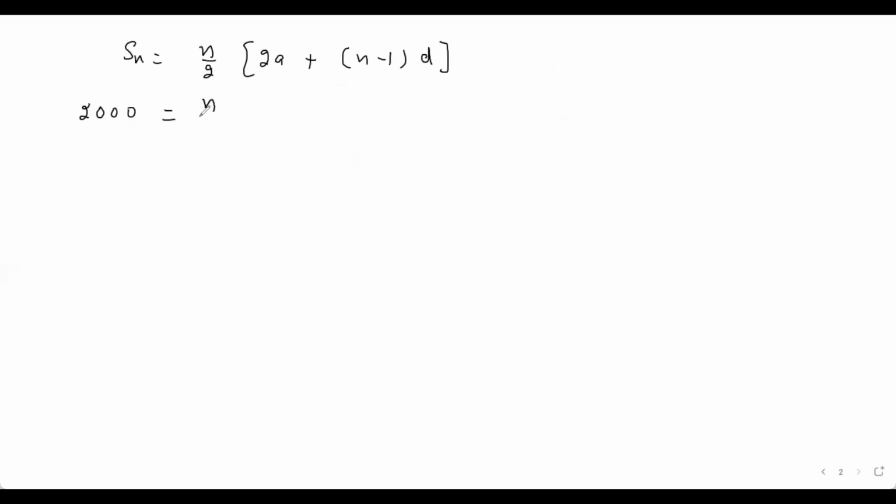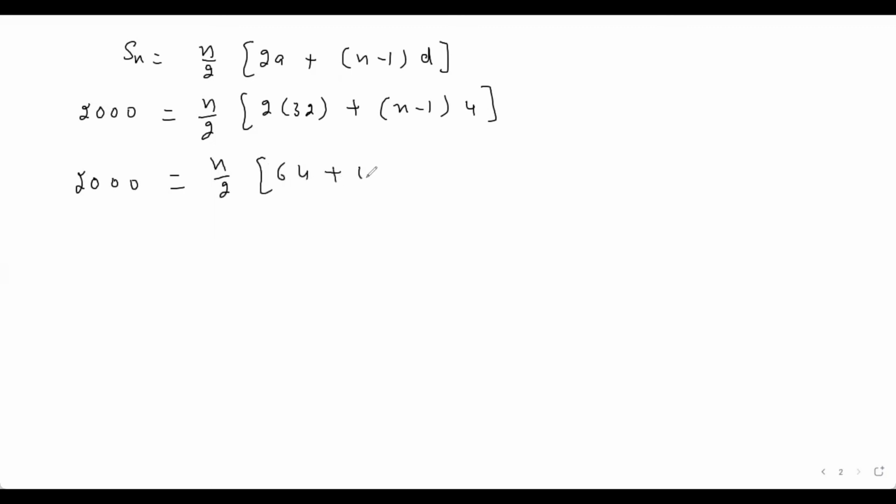I am to find N. A is given 32, and D is equal to 4. 2000 is equal to N by 2, 64 plus 4N minus 4. 2000 is equal to N by 2, 4N plus 60.